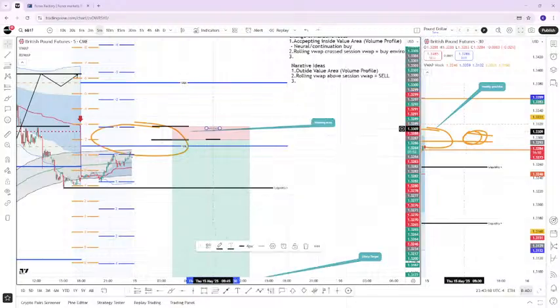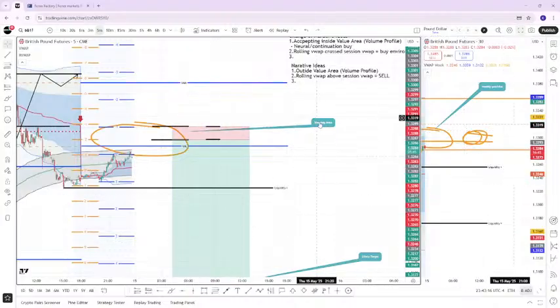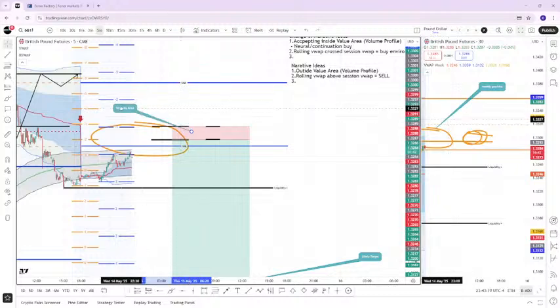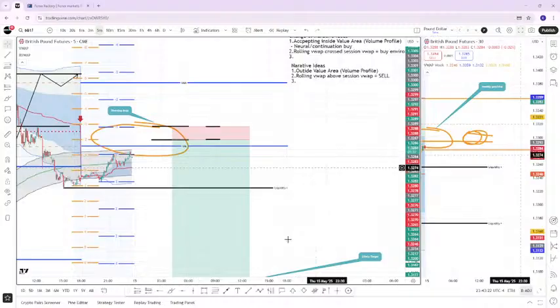Close. This is my shorting area. And this is my continuation area.